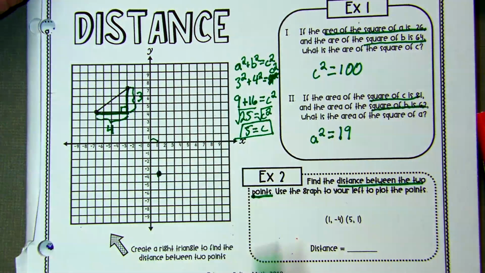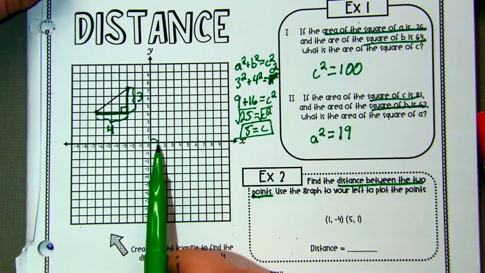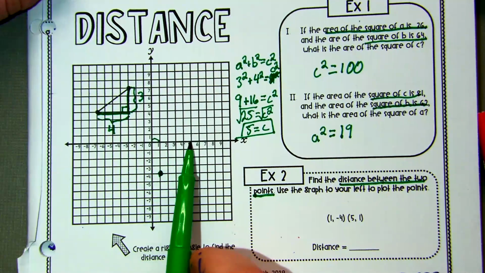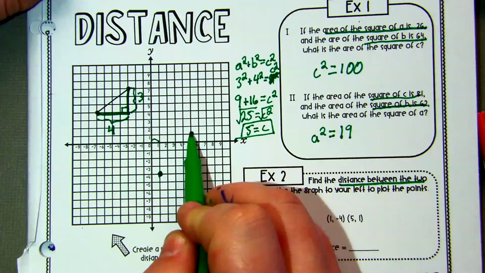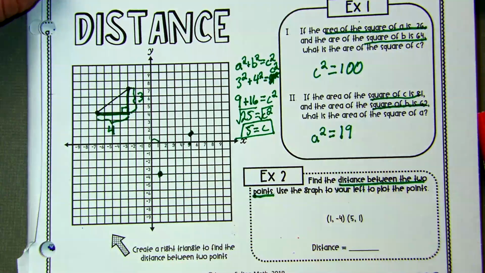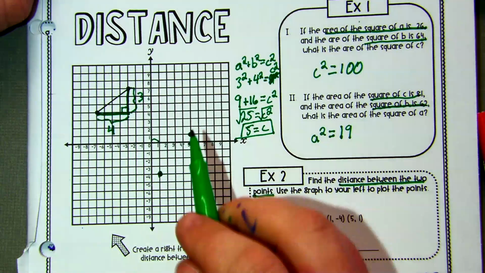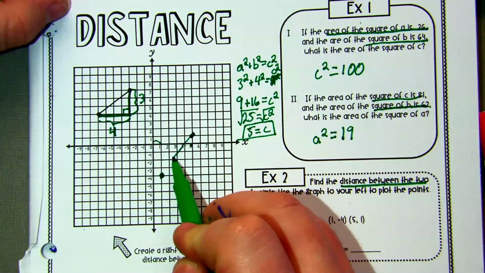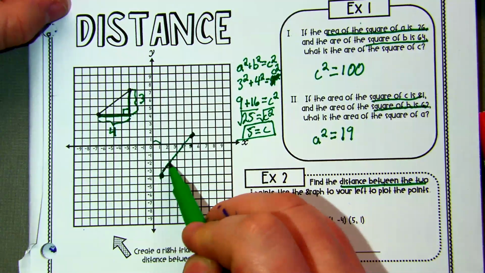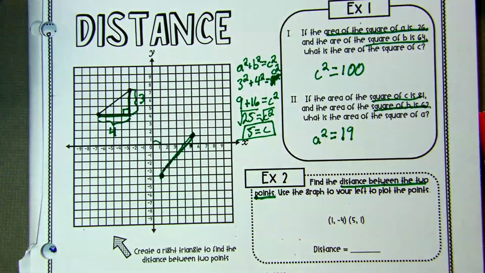And to plot 5, 1, we go to the right 5, 1, 2, 3, 4, 5, and up 1. We connect the dots. And there we've got our segment.